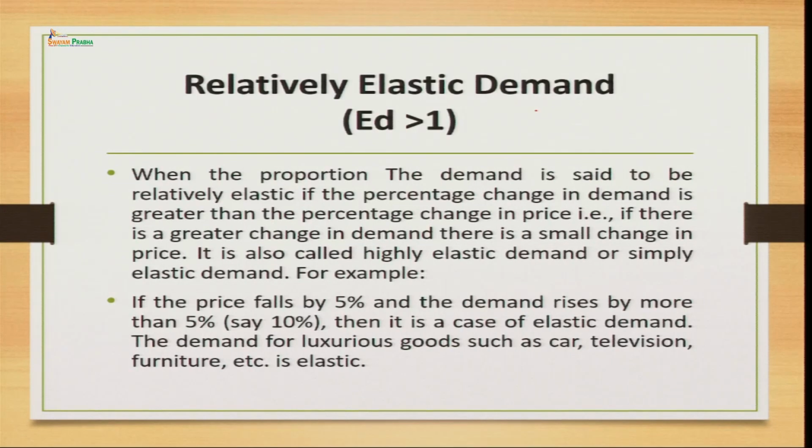Then we have relatively elastic demand. Now, this is the case where elasticity is greater than 1. When elasticity is greater than 1, we can say that the demand is said to be relatively elastic if the percentage change in demand is greater than the percentage change in the price. A lesser change in the price causes more change in the quantity demanded. There we call it relatively elastic demand.